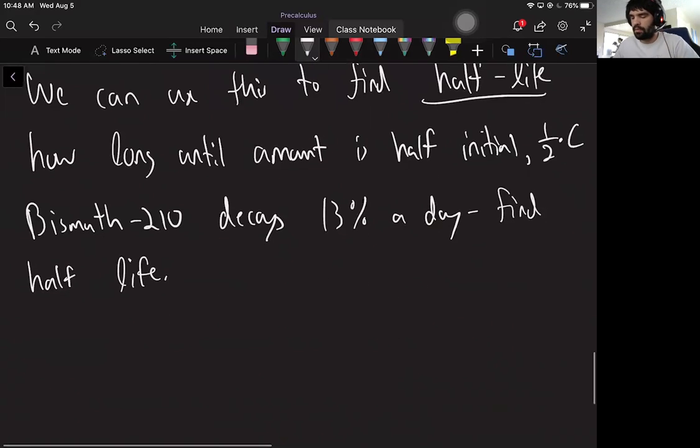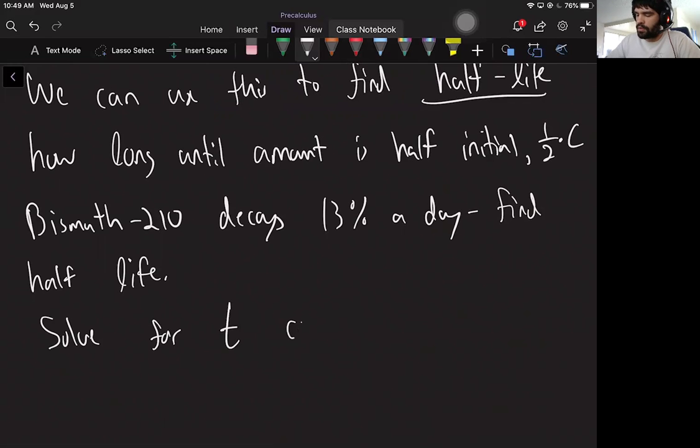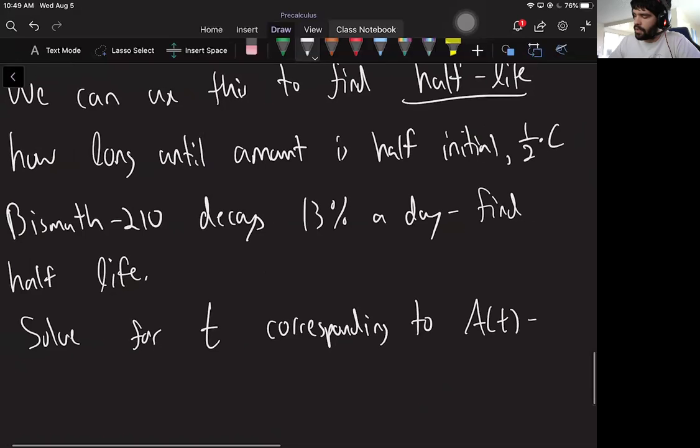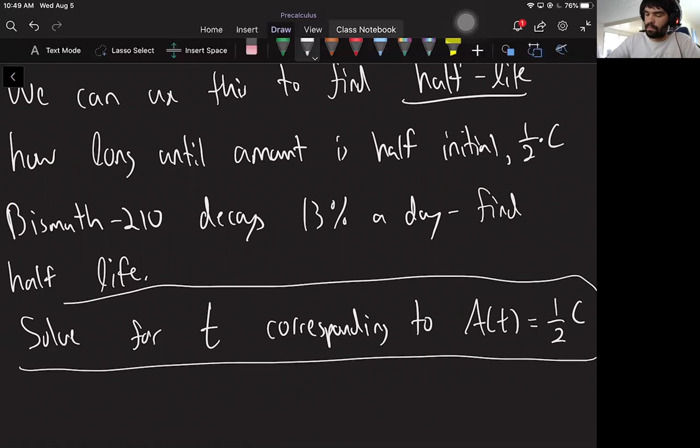What that means is we will have to eventually solve for t. And which time are we solving for? We're solving for the time corresponding to the amount being 1/2 of the initial. That's what finding the half-life really means.